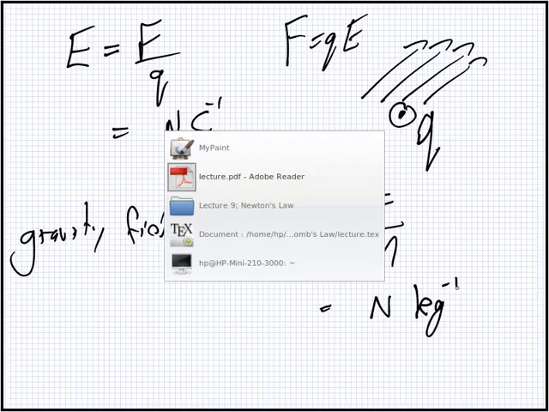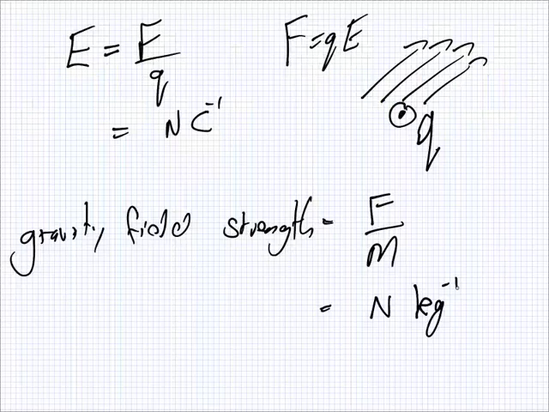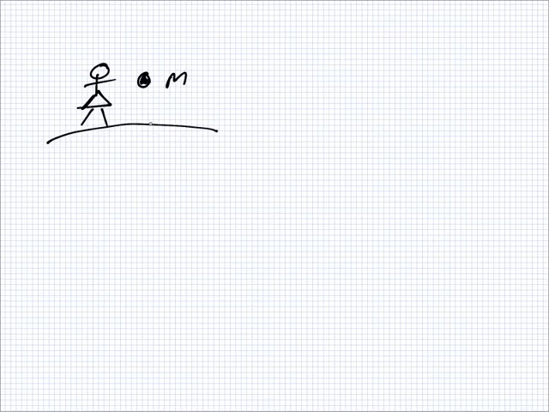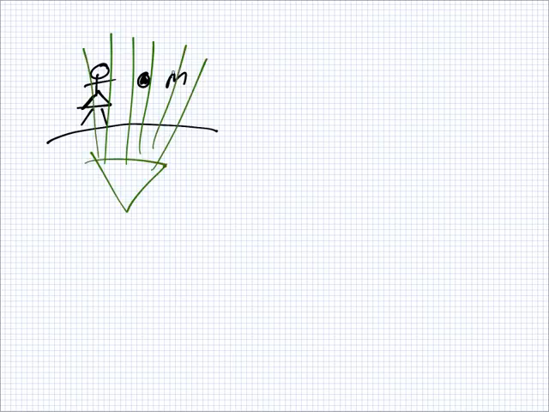Let me go back here a second. Okay, let's take an example. Here is our physics student, and they have a mass here, M. And there is a gravity field pulling down on the mass.